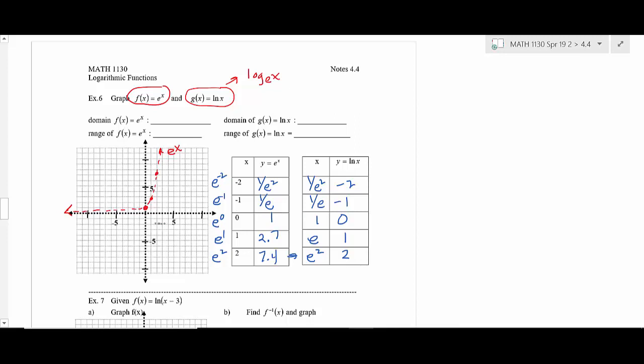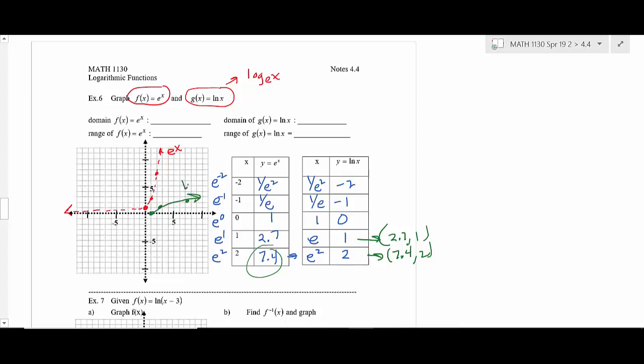So basically you would have the point 1, 0. This point, e, 1, is really about 2.71, so you just move over like this and approximate that. E to the second we said was about 7.4, so this point's about 7.42. So if you go over 7.4 and up, it goes like that.